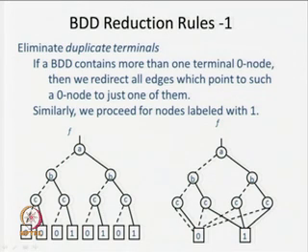So, after eliminating the duplicate terminals, what we get from this BDT is a BDD. Now, at least you can see that the number of nodes is less here, because instead of 2 to the power n terminal nodes, we are getting only 2 terminal nodes. Here we had 8 terminal nodes, because we have 3 variables. So, these 8 terminal nodes will be represented by 2 terminal nodes. It is so for any function.